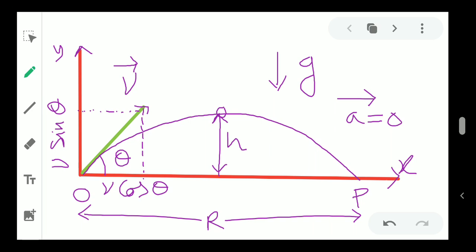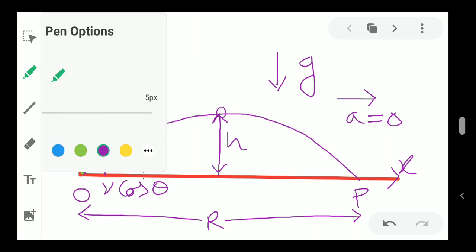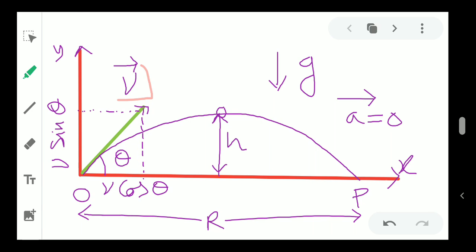So v cos theta is the initial horizontal velocity, right? When the missile is launched, the total velocity was v.